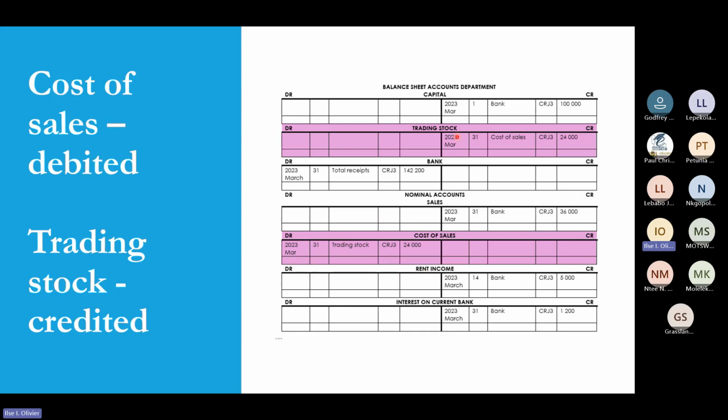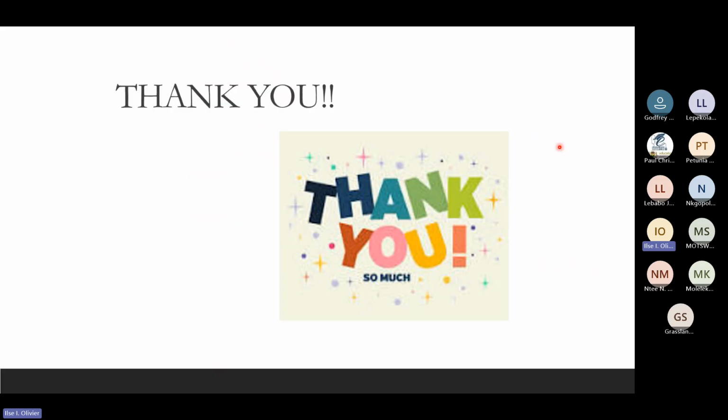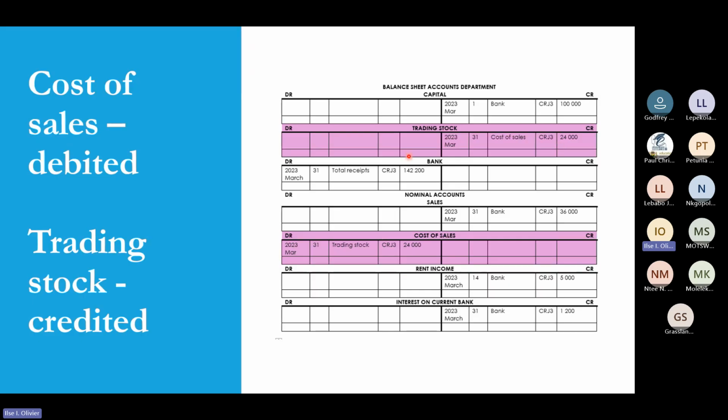Now it's linked to trading stock, not bank. So we write there trading stock, CRJ3, 24,000 Rand. And on the credit side of our trading stock, we will have on the 31st, cost of sales, CRJ3, 24,000 Rand. Right. So that is the end of our presentation.